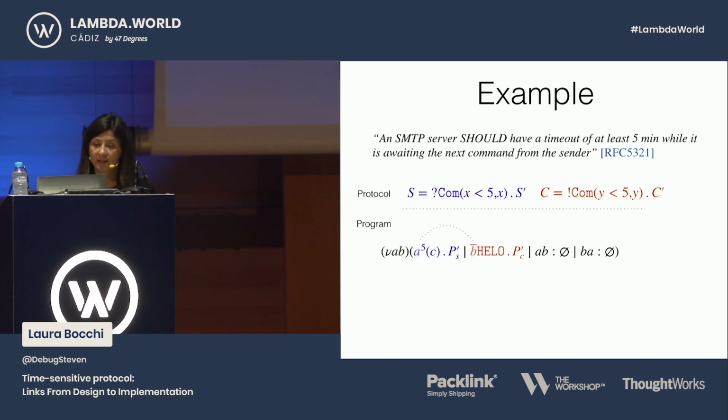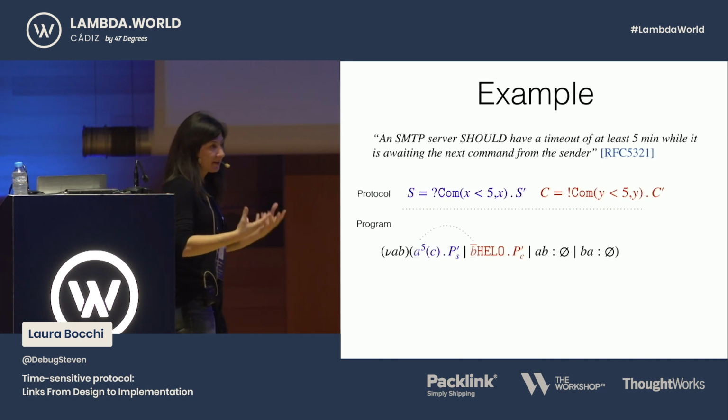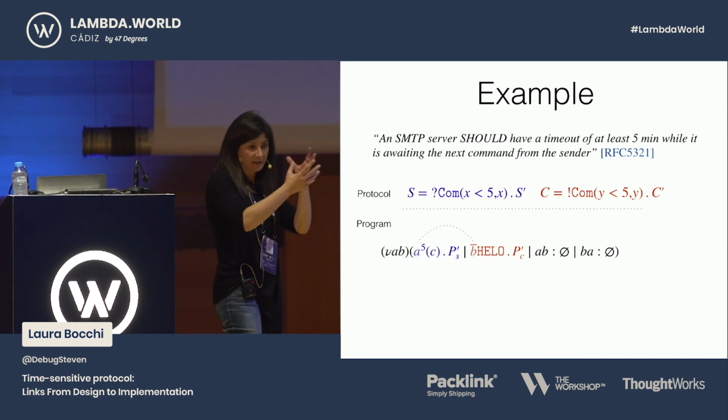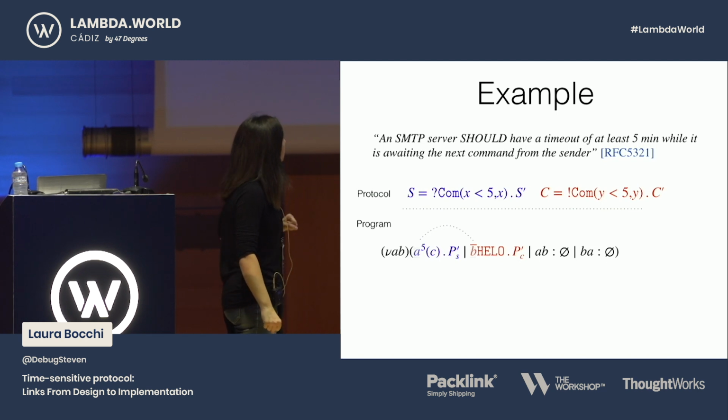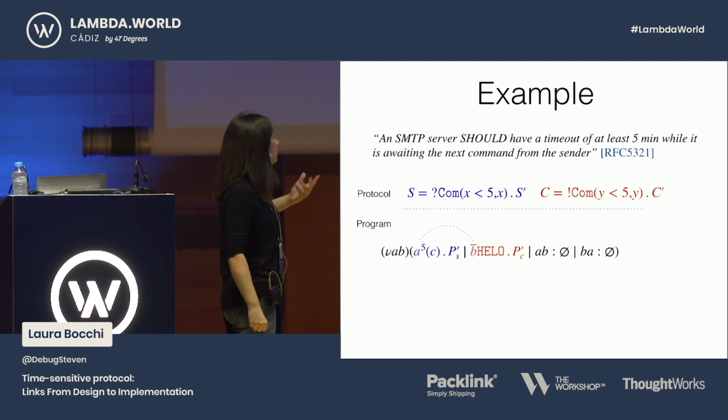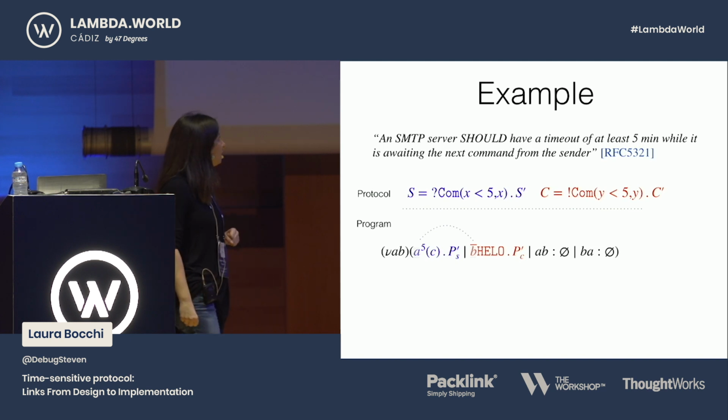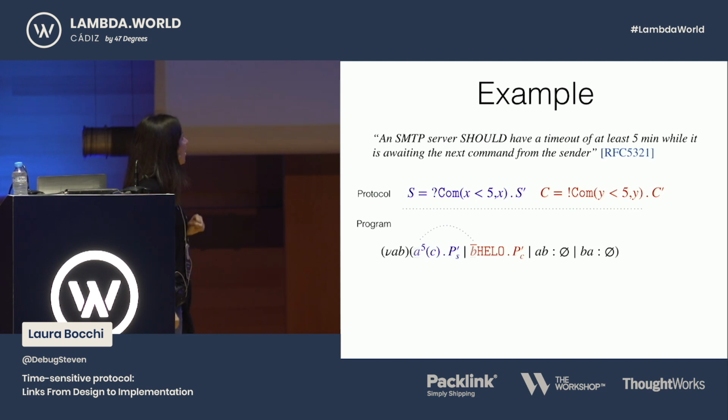A server should have a timeout of at least 5 minutes while it's awaiting the next command from the sender, from the client. A protocol using session types that satisfies this constraint is the pair that you see on top: S, which receives a command when X is smaller than 5 and resets, and the corresponding client.